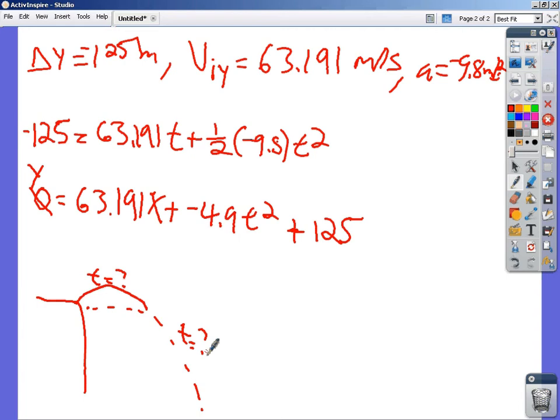Well, maybe you could put the negative 4.9 t-squared first. I don't know. That's what I tried doing. I'd rather just put it in the quadratic format. Well, yeah, you have to. I don't know why this isn't showing up correctly.